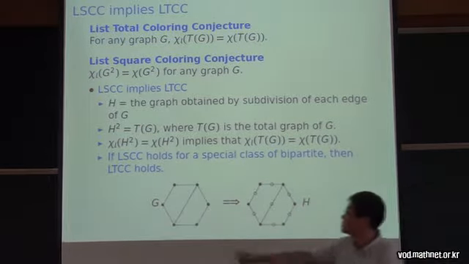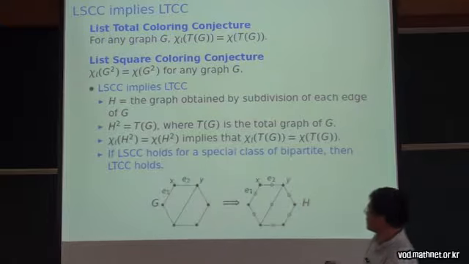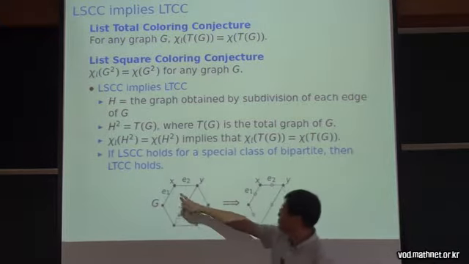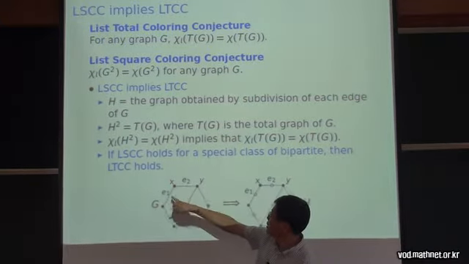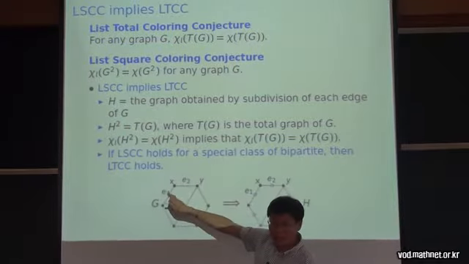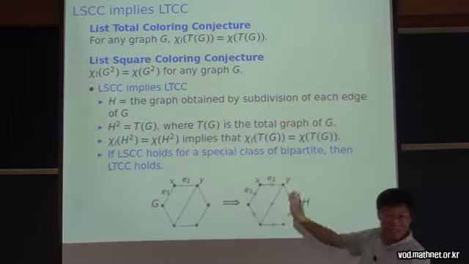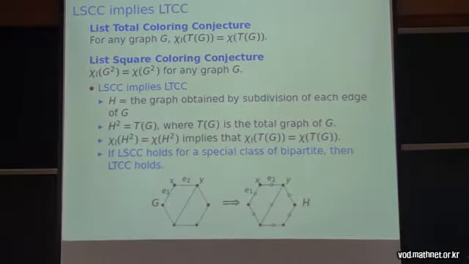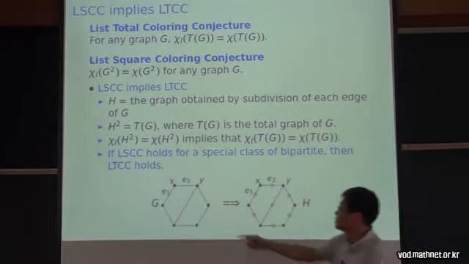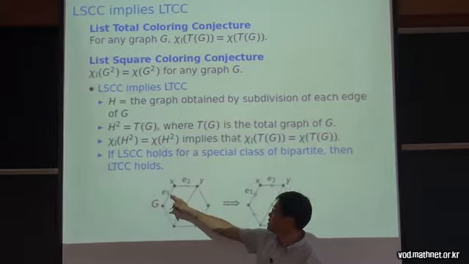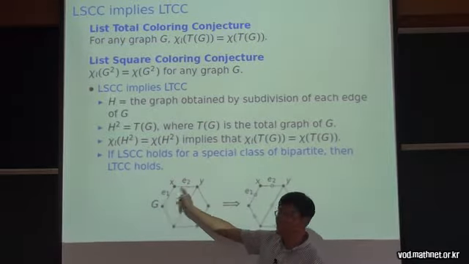The reason is, for instance, here X and E1, they are adjacent, so they should have different colors. Also, the edges E1 and E2 are incident.